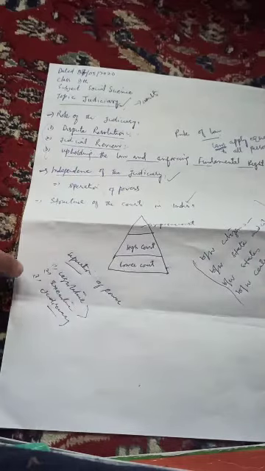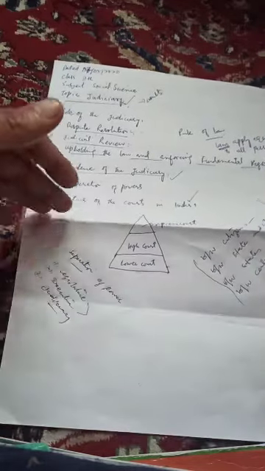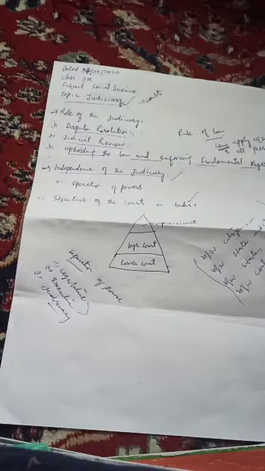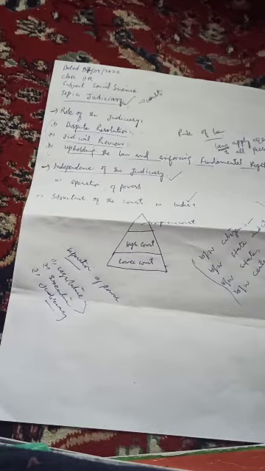This is the separation of powers. They have their own powers. Legislature has the power to make laws. Similarly, executive has the power to implement those laws, and judiciary decides matters, and decides whether a particular law is acceptable or not.